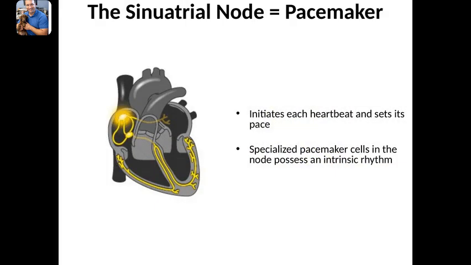So here we have a nice image. You can see that the point from which all the electricity is flowing is in the right atrium, and that's the SA node. And then the next little oval you'll see down the path, that is the atrioventricular node. And then you can see there's a wire extending from that, and then there's a little fork in the road, which is called the bundle of His.